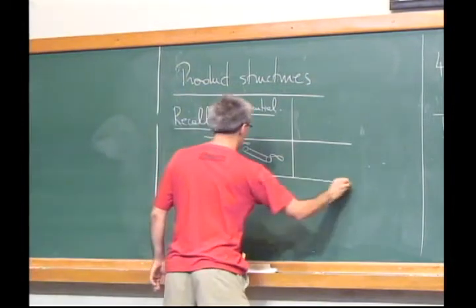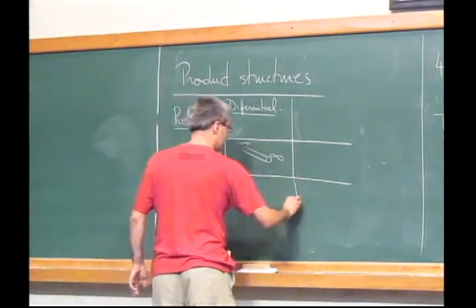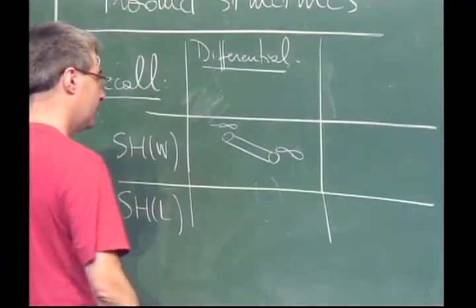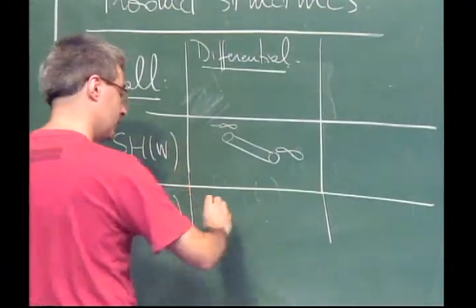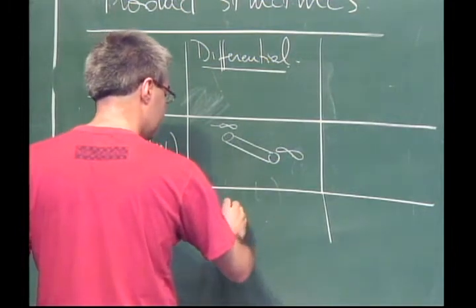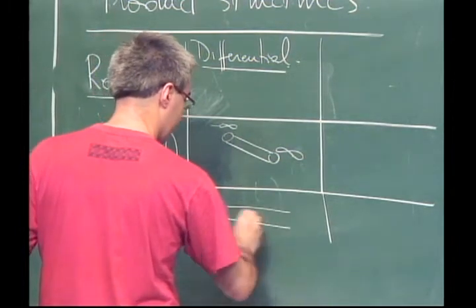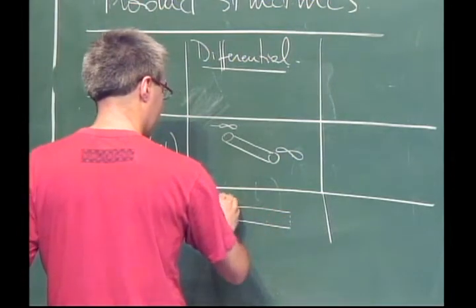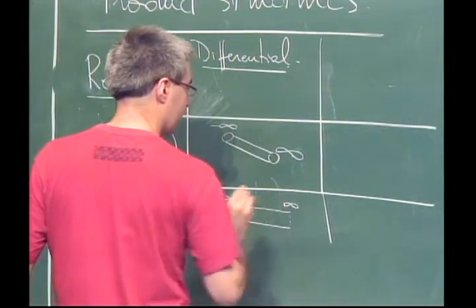Now, for the Lagrangian version, wrapped Floer homology, the differential is defined by counting strips.